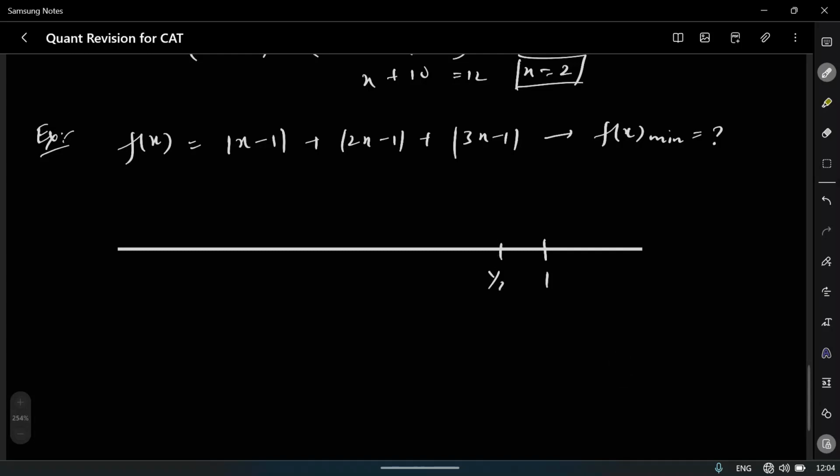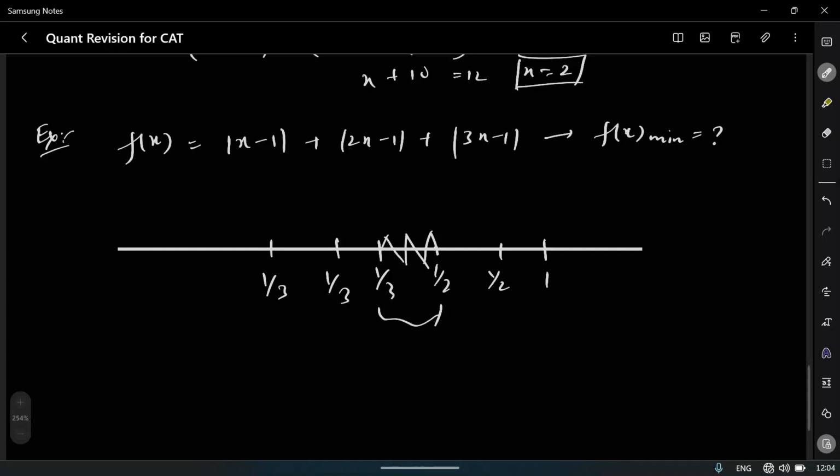Since the coefficient is 2, you have to write it down 2 times. After that, x equals 1 by 3. Since the coefficient is 3, we have to write it down 3 times. So when will we be able to find the minimum value? We can find the minimum value in this region.